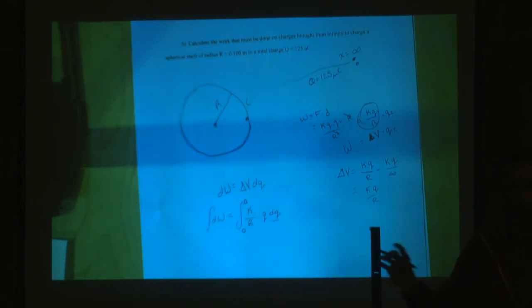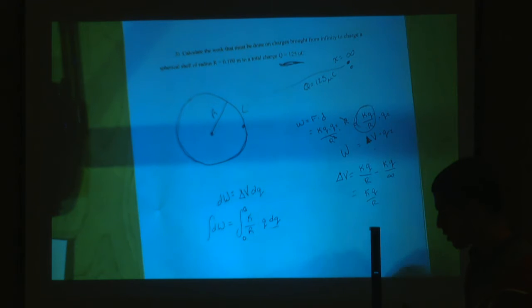What was that? We'll have it from 0 to Q. You see that? So one charge, one little dq. Keep doing that until we reach this. And this is Q equals 125 microcoulombs.